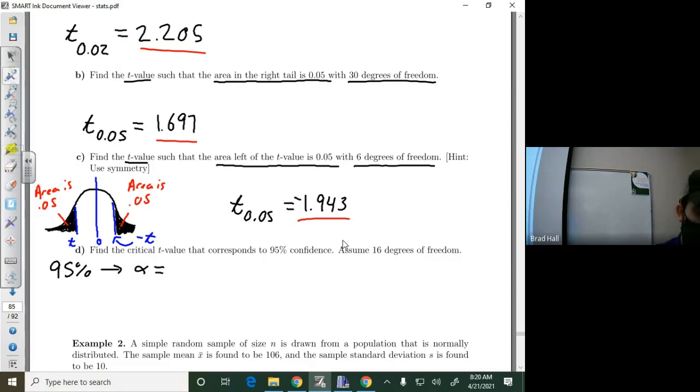Alpha is 1 minus 0.95. Remember, it was the complement as a proportion. And so the area is alpha divided by 2.